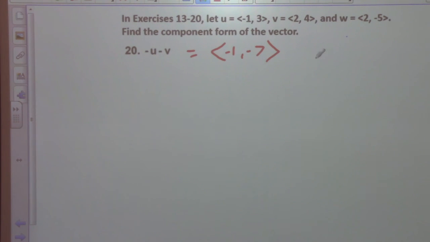The magnitude is 5 square root of 2. One thing she did that was good on this one, that most students won't do, is she actually got the simplest radical form. Good job.